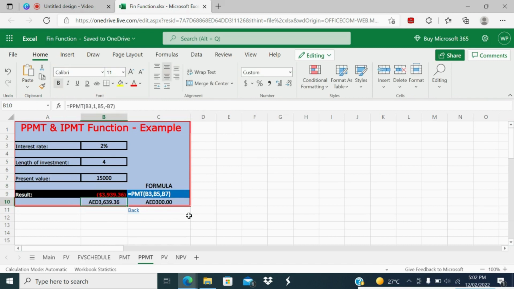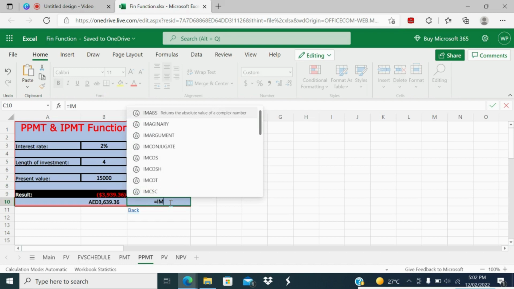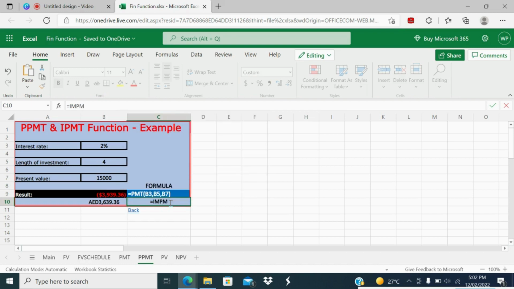So how much interest in this installment? Equal IPMT, okay, interest rate, comma, again PER 1, comma, NPR, comma, and present value, I'll close.